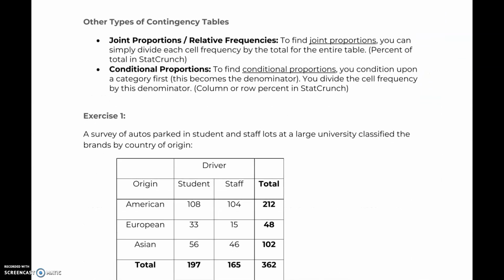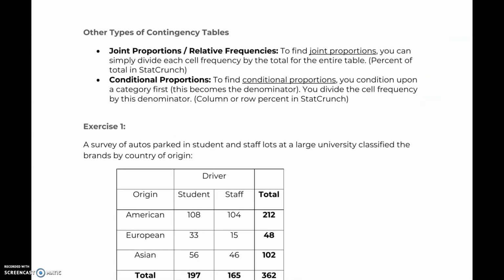So let's look at the types of contingency tables we can make. We can either look at the joint proportions or relative frequencies. The joint proportions you can find inside your table. These divide each cell frequency by the total of the entire table.